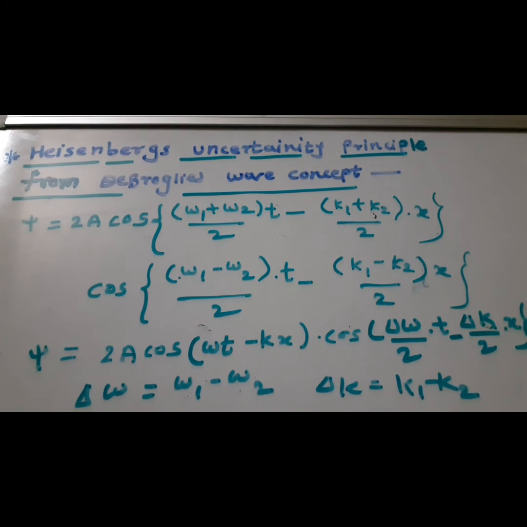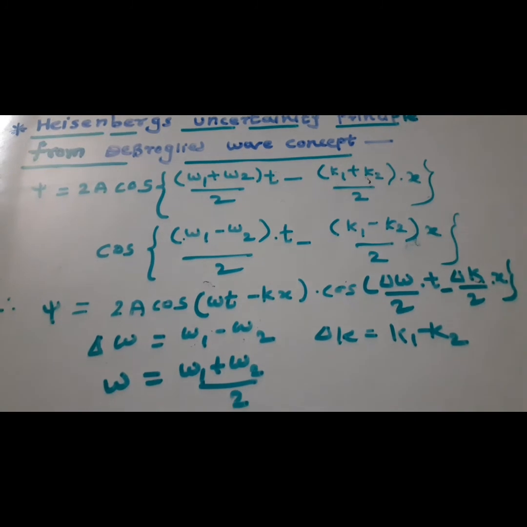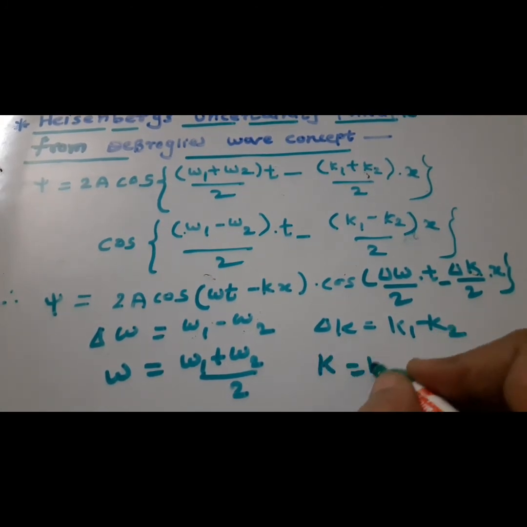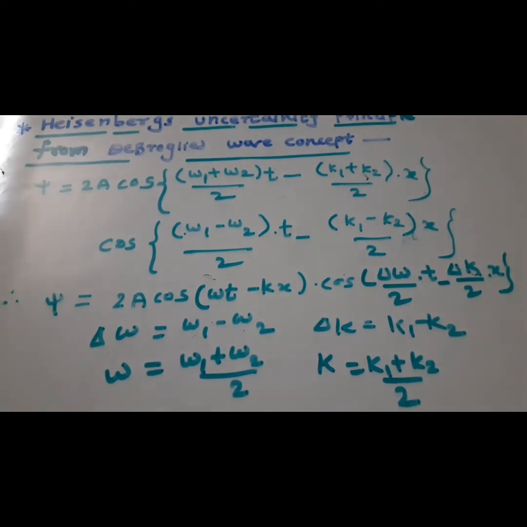Similarly, omega is equal to omega 1 plus omega 2 divided by 2 and k is equal to k1 plus k2 divided by 2.